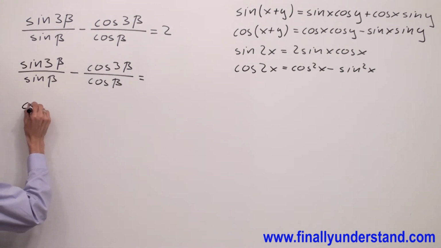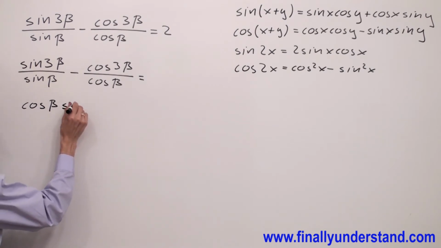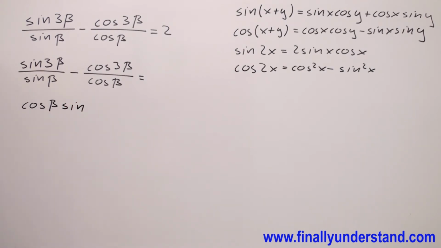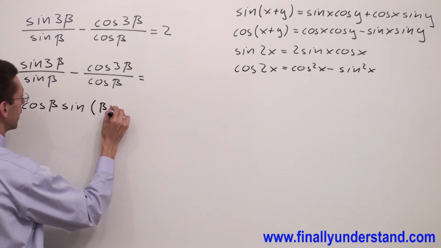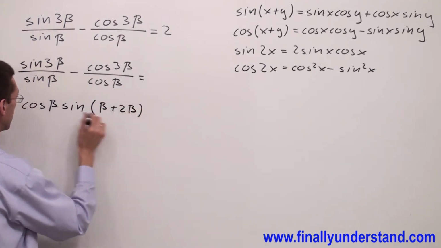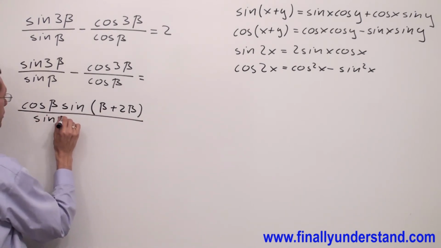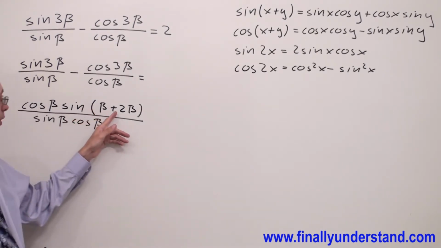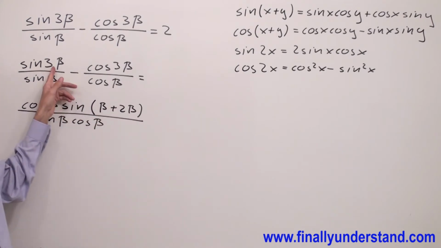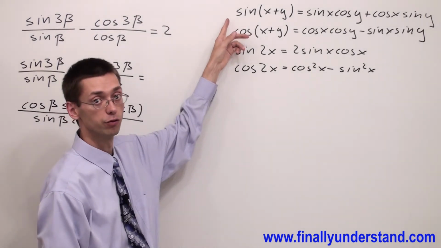We have cosine beta and I have sine, but this time I'm going to rewrite this sine 3 beta as sine of beta plus 2 beta over sine beta cosine beta. Please notice that beta plus 2 beta is equal 3 beta. So this is true. Why I did so? Because I want to apply this formula.